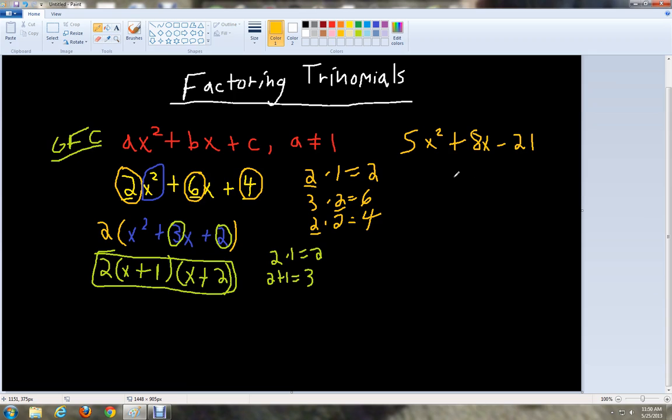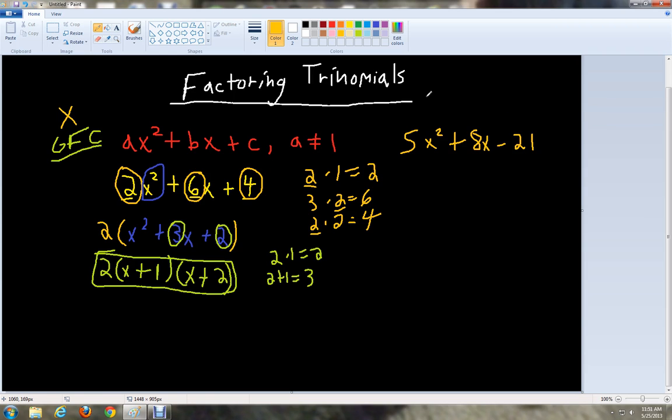So we look at the coefficients 5, 8, negative 21. So 5 is a prime number. It's just 1 and 5. 8's even. It's like 2 and 4, or 8 and 1. And negative 21 is like 3 and 7 or 1 and 21. So we see that none of these three numbers share a common factor. So the GCF possibility is out of the question. So we need to use another technique to factor this trinomial.